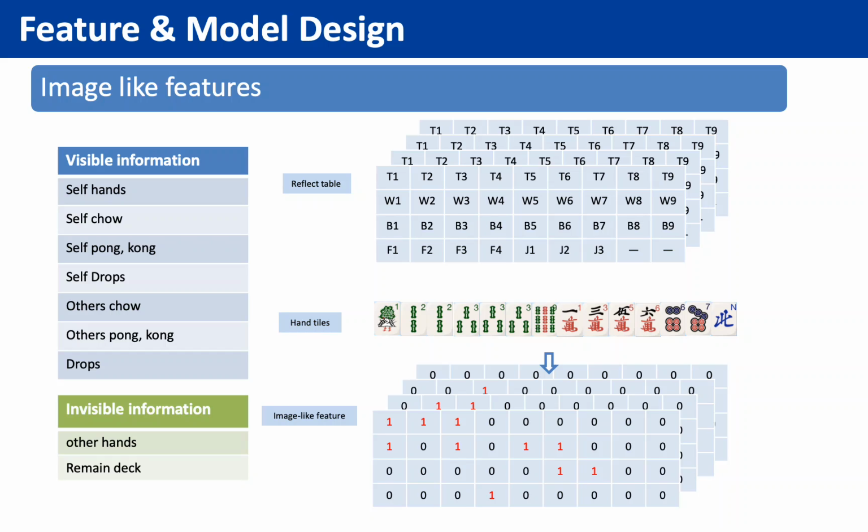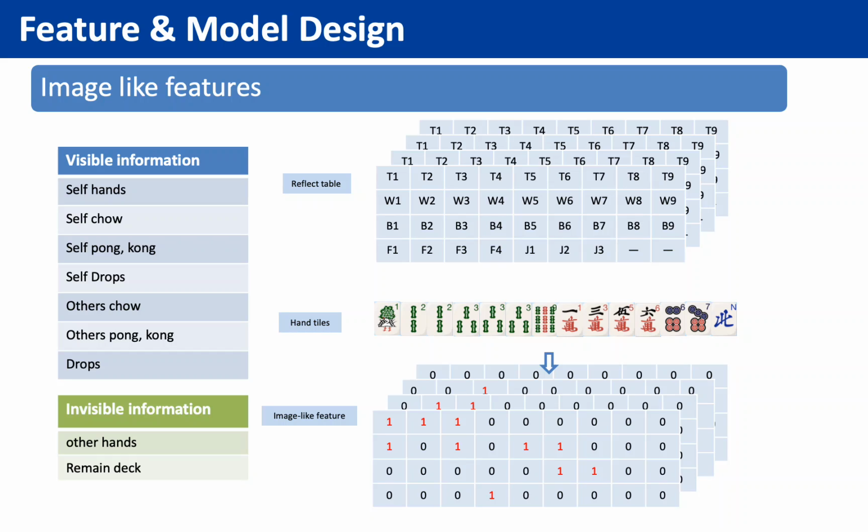In order to make the AI predict the value more accurately, we also use the others' hands and the remaining deck in our training process, and they are also encoded into image-like features. As seen in this slide, we design a reflect table of feature encoding. Different positions in the 4x9 feature map correspond to different Mahjong tiles.